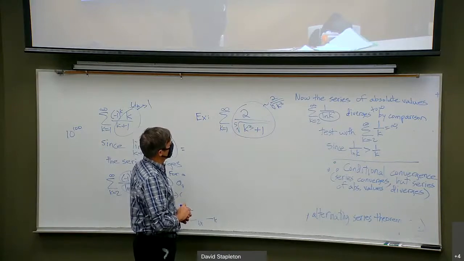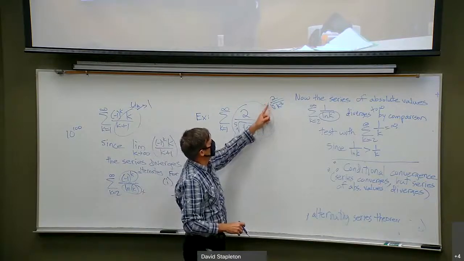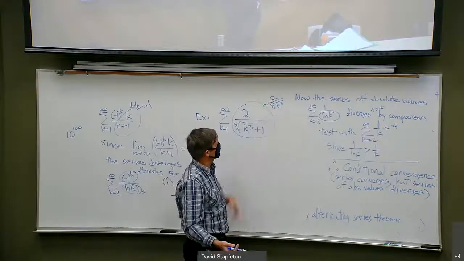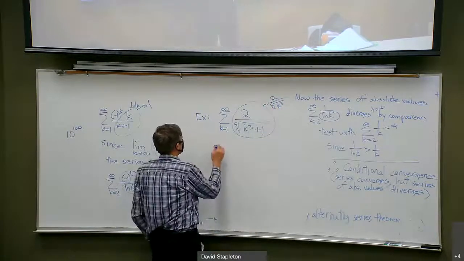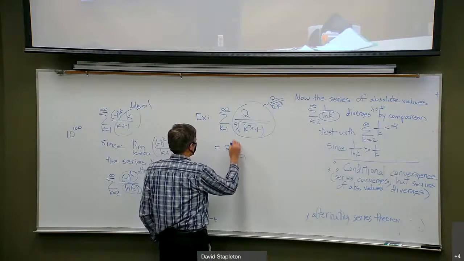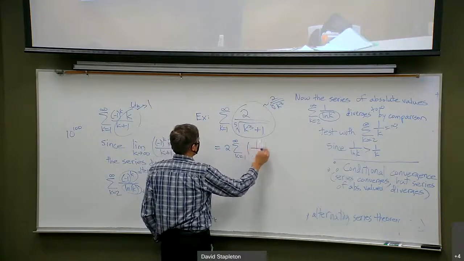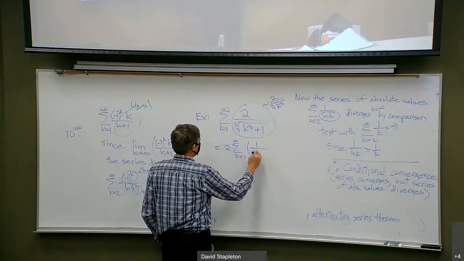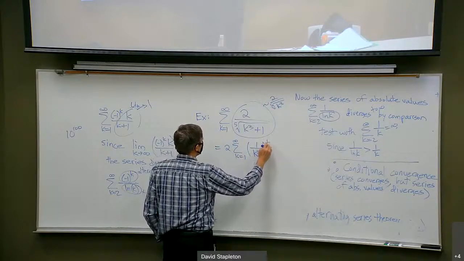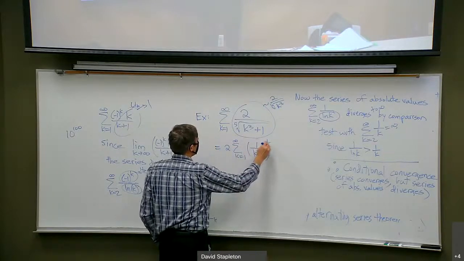Well, since this would be approximately 2 times a p series with p equals 5/3, we expect it to converge. Let's rewrite it like this. Let's pull the 2 out here, and so you pull a constant out, sum k equals 1 to infinity.